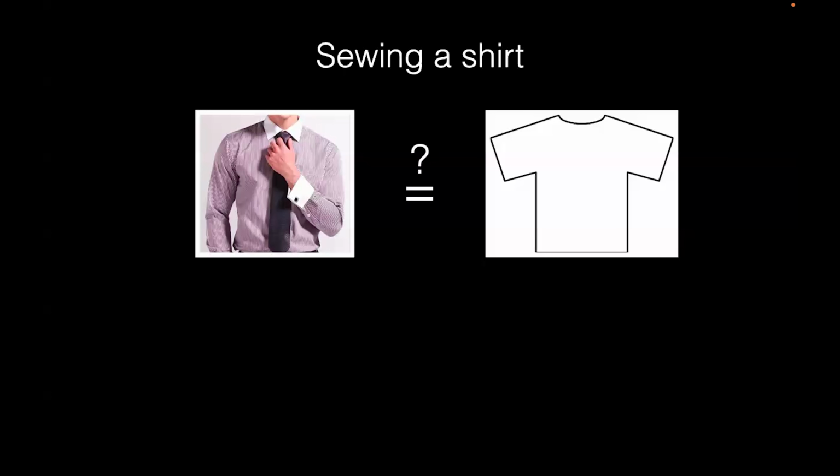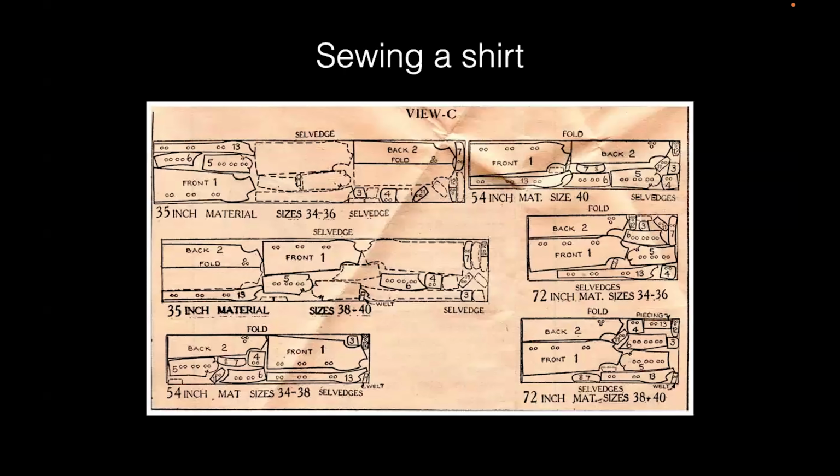Not only do we have to take our shape, but we also have to take the fact that our shape can change. So if I wanted to sew, in this case, a button-down shirt, like a dress shirt, this is actually what the pattern pieces look like. And this is very complicated. There's not just 2 or 3 pieces.